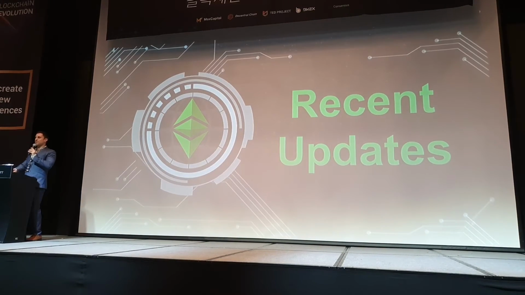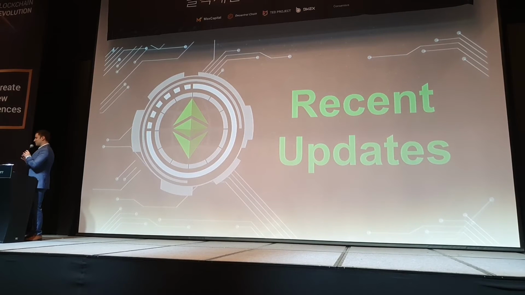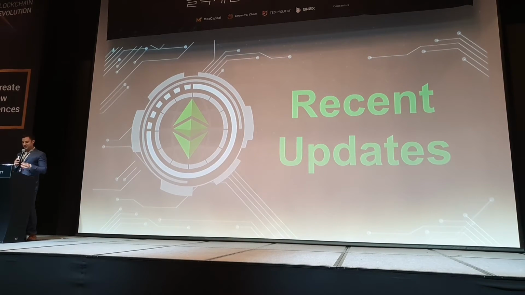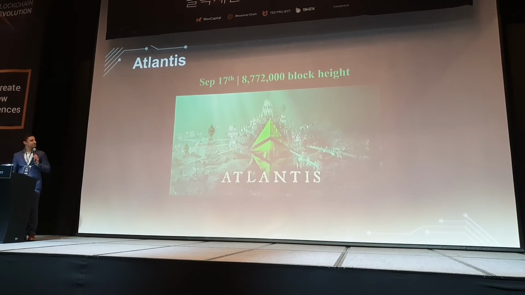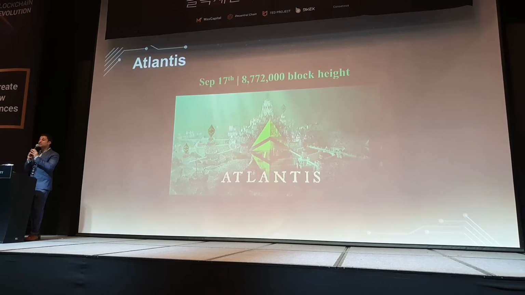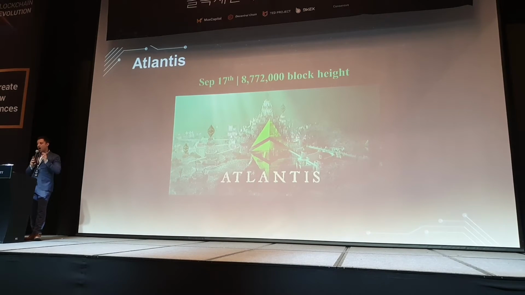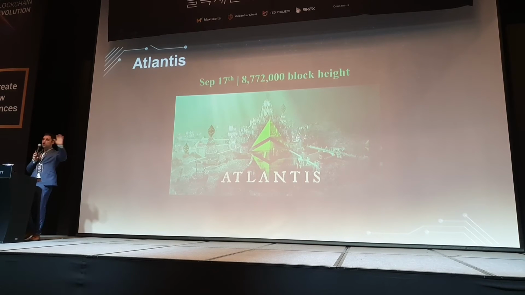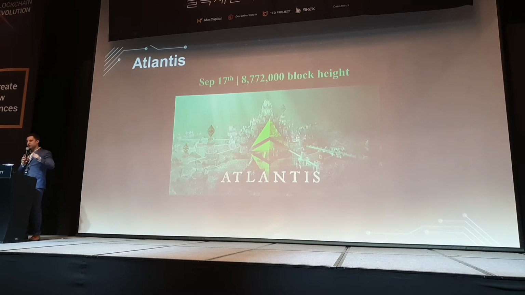So, some quick updates about Ethereum Classic. Atlantis. What is Atlantis? It's expected that on the 17th of September, a hard fork will be carried out. And no new fork coins will be produced after that.